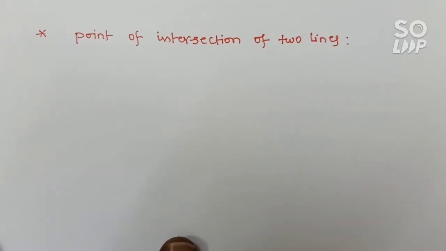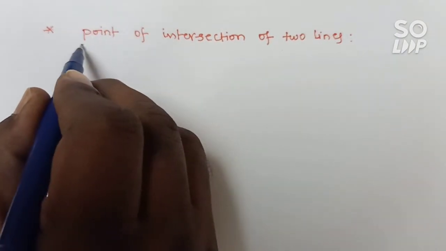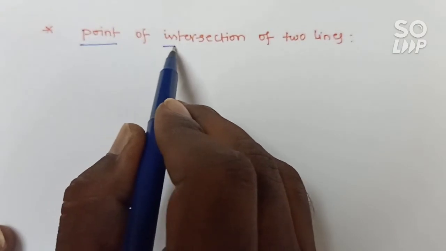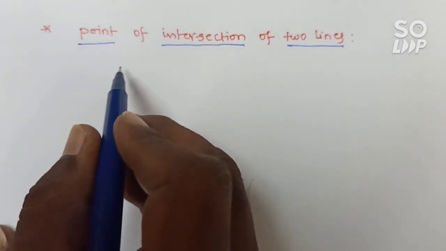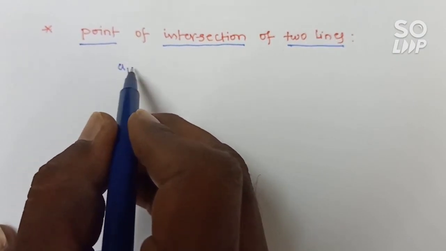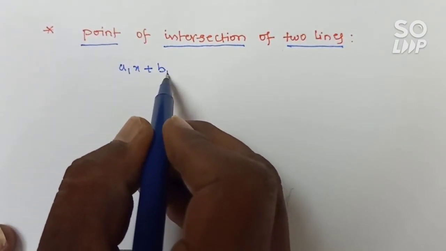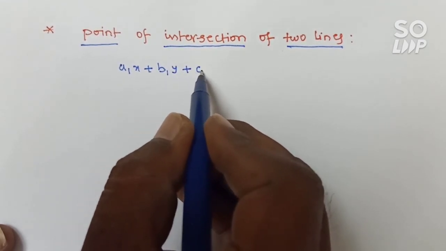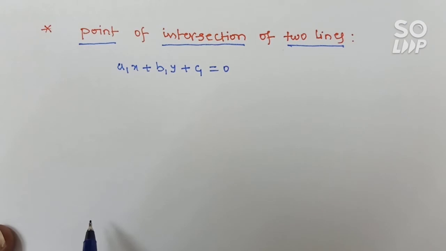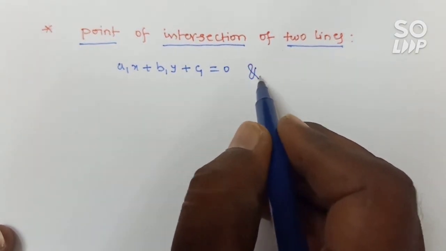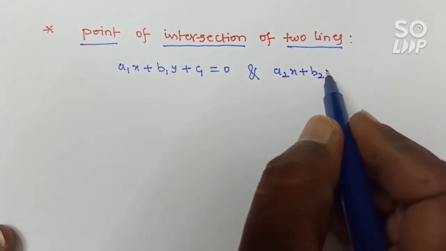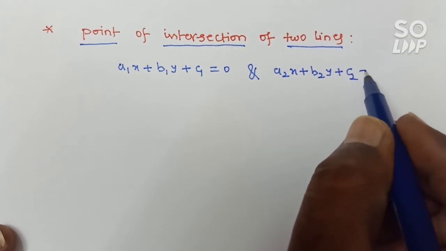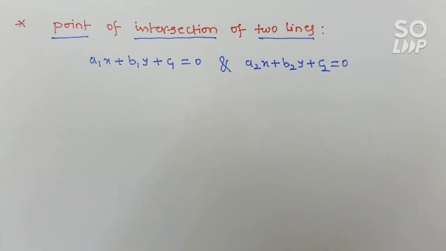The next concept is point of intersection of two lines. Suppose you take two lines: one line is a1 x plus b1 into y plus c1 is equal to 0, and another line is a2 into x plus b2 into y plus c2 is equal to 0.